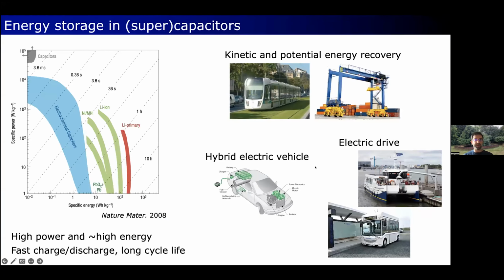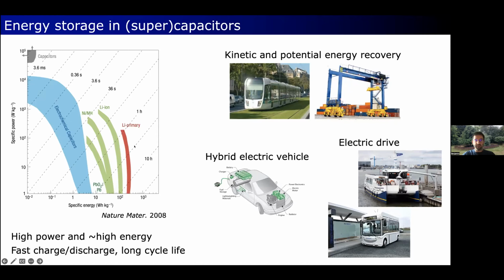So these supercapacitors are already used in real life. In order to illustrate where they stand in terms of energy storage devices compared to batteries and conventional capacitors, it's usual to plot this kind of diagram where you report the devices in terms of the specific energy, so how much energy you can store per mass of material, and specific power, which is the power you can deliver per mass of your material.